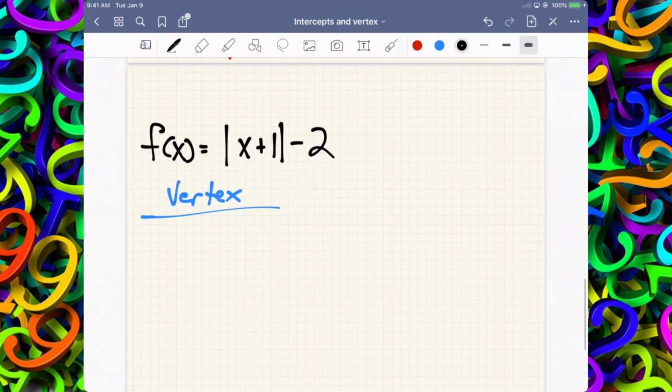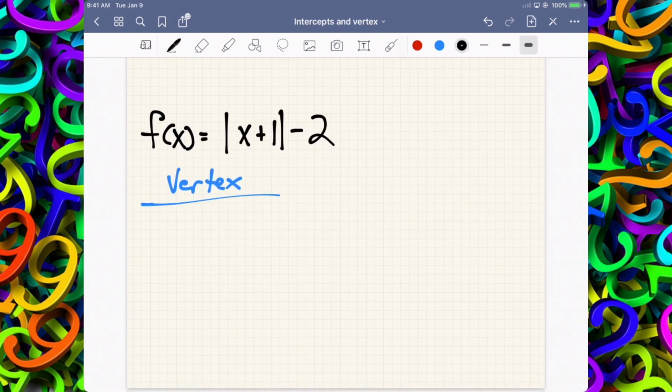Moving on, our last important feature of the graph of an absolute value function is the vertex. So here's how we go about finding our vertex. First, find the absolute value in the function. Found it. And we're going to take that and we're going to set that equal to 0. The contents equal to 0.